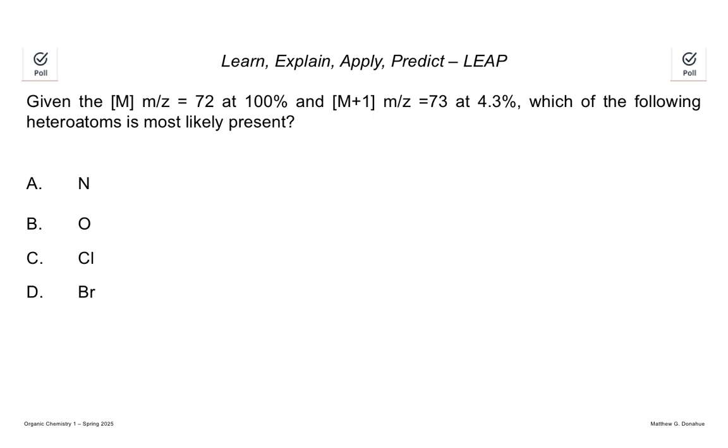So given M with a mass to charge of 72 at 100% abundance, M plus 1 mass to charge of 73 at 4.3%, which of the following heteroatoms is most likely present? So it's got to be B, oxygen. Nitrogen is out because the mass is not odd. Chlorine, bromine are out because there's no M plus 2 data.